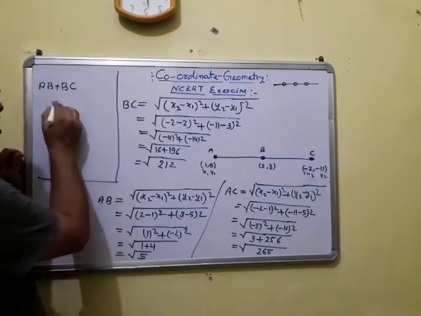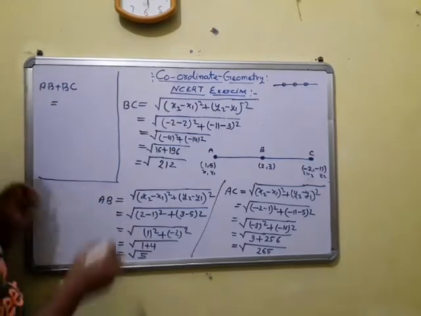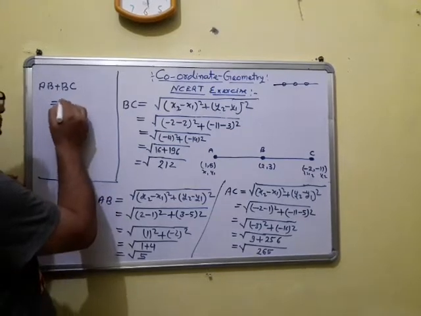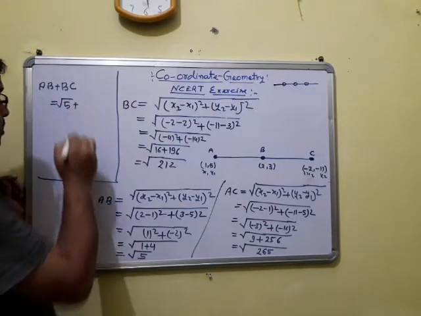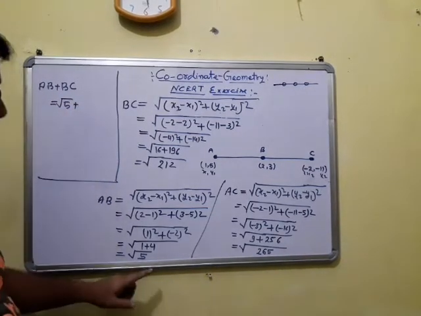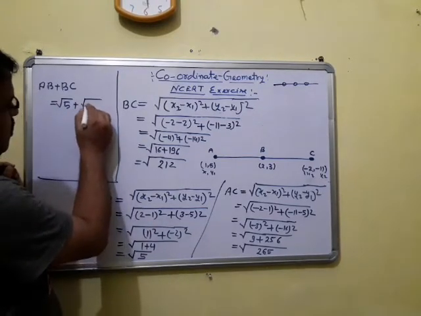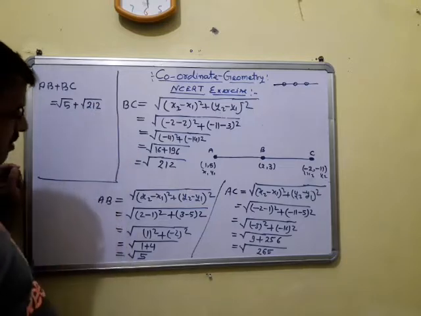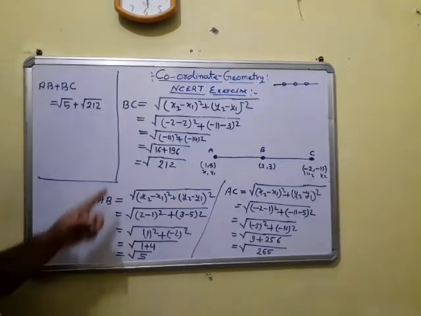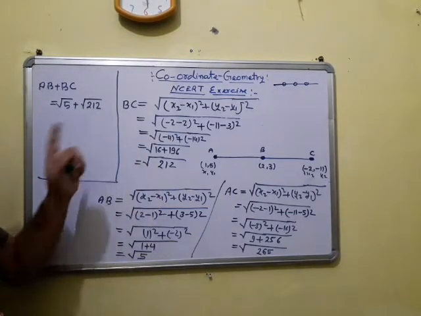So what we get here: AB is given as root 5 and BC is given as root 212. Clear? This is what is given.